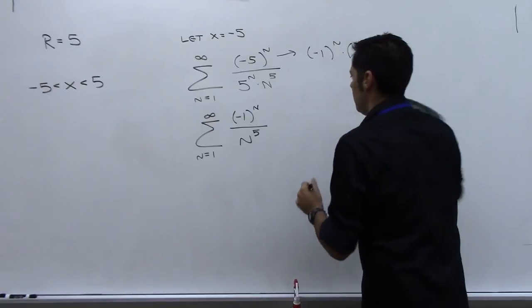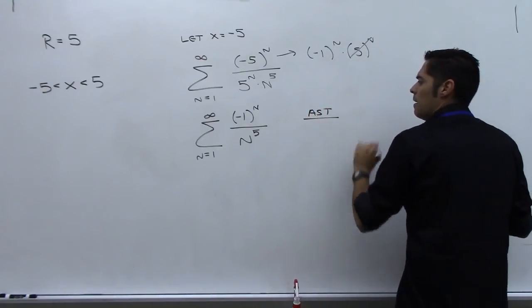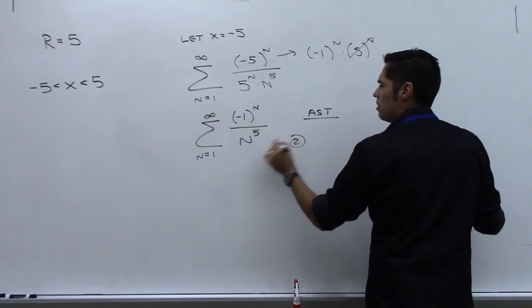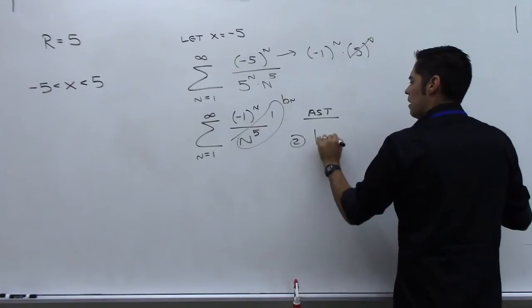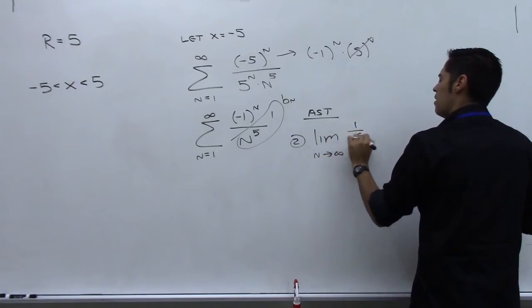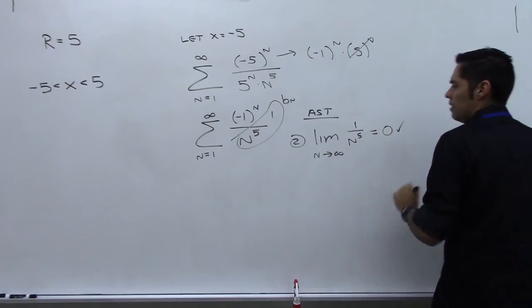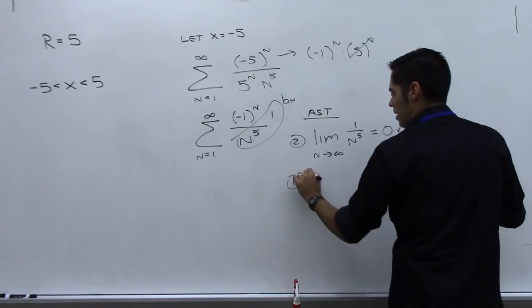And this one is an alternating series. I can do the alternating series test. I'll do the second thing first. Right here, that's my b sub n. The limit as n goes to infinity of that piece, 1 over n to the 5th, does equal 0, that's good. And the other thing I'm supposed to show is that it's decreasing.